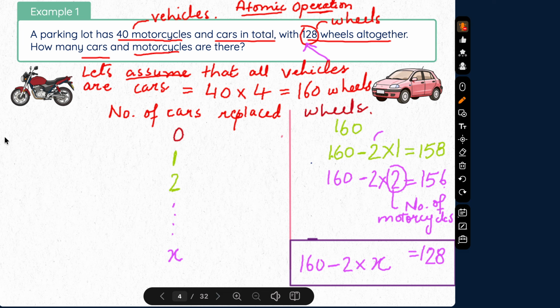I got an answer of 158. Okay, how do we solve this equation? You guide me.